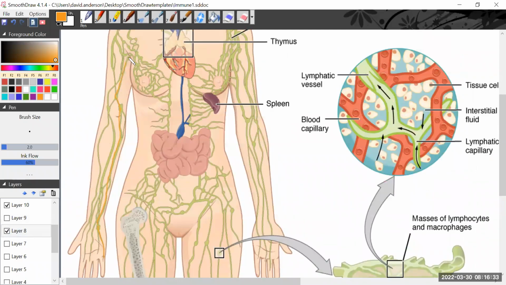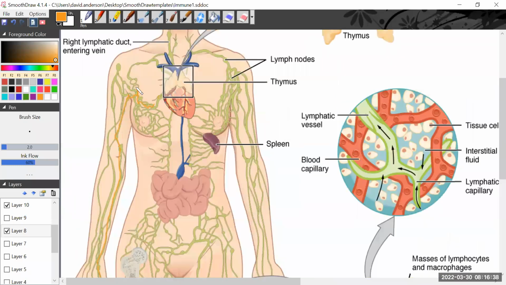We're going to go through a series of lymph nodes. There's a whole bunch of lymph nodes before we empty back in to the circulation. And we see an arrangement here where we're draining from the peripheral areas, the areas far away from the heart, back towards the heart. Right?